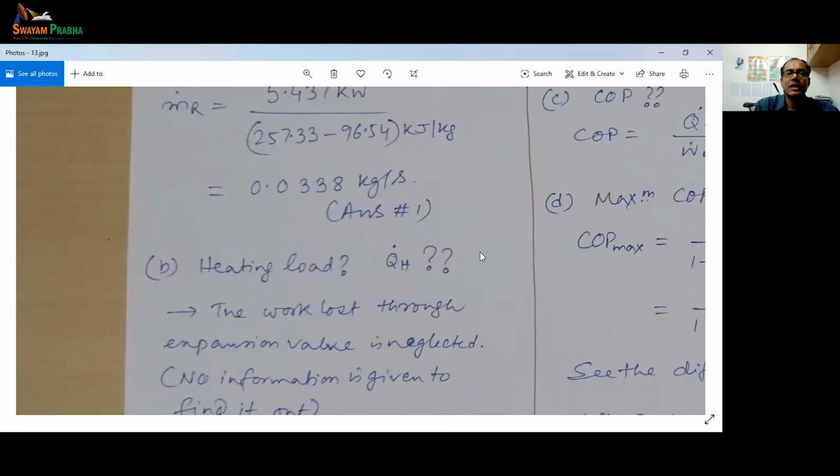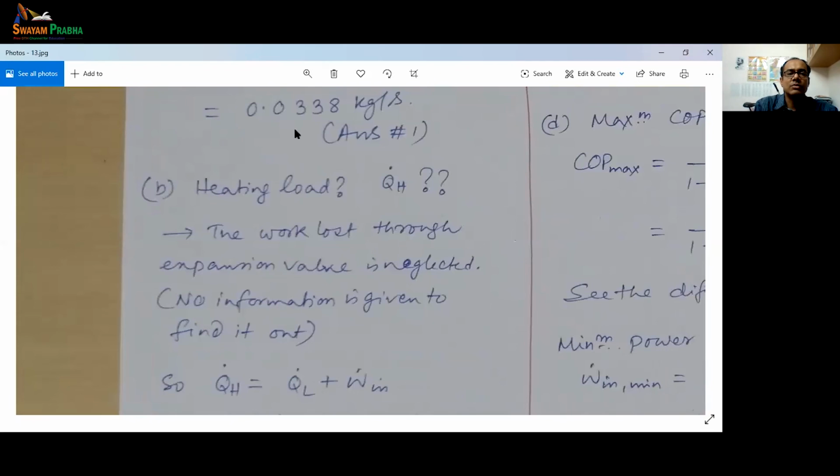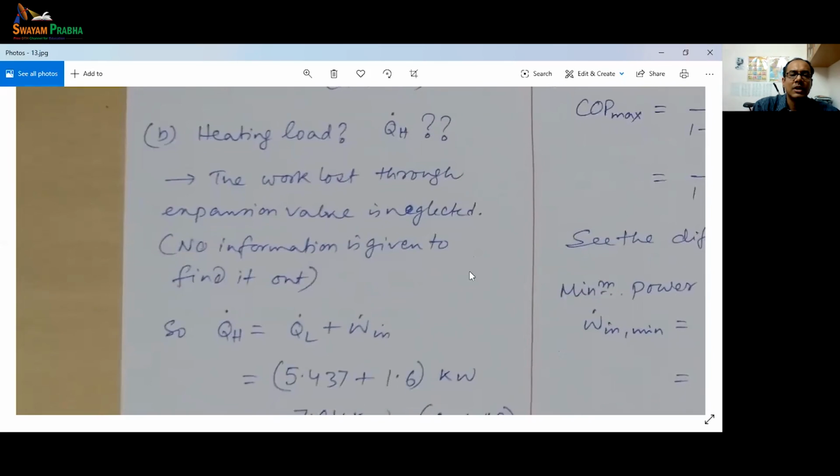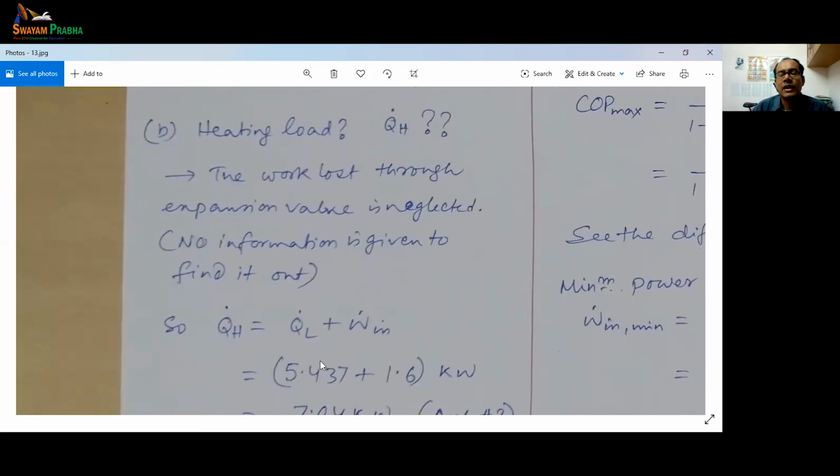What is the mass flow rate of refrigerant? Now the second one is what is the heating load? That means Q dot H, how much heat the heat pump is putting through the condenser. Now how can you find it?